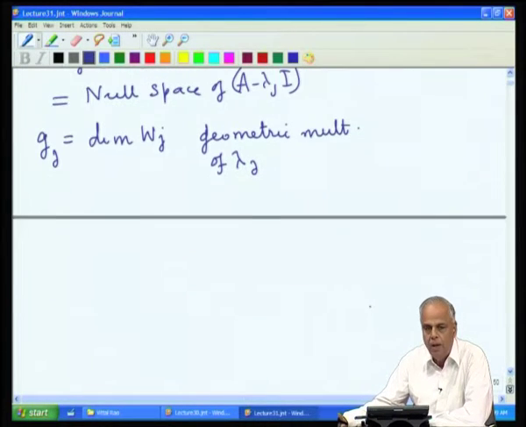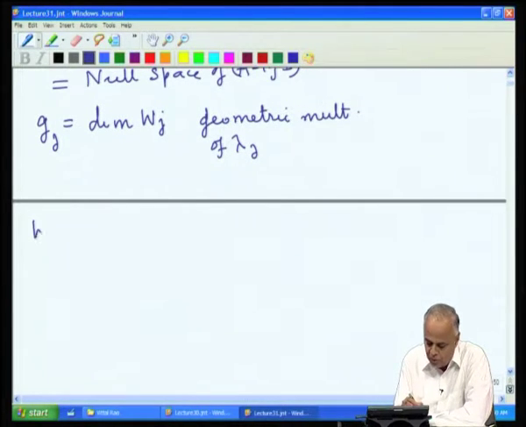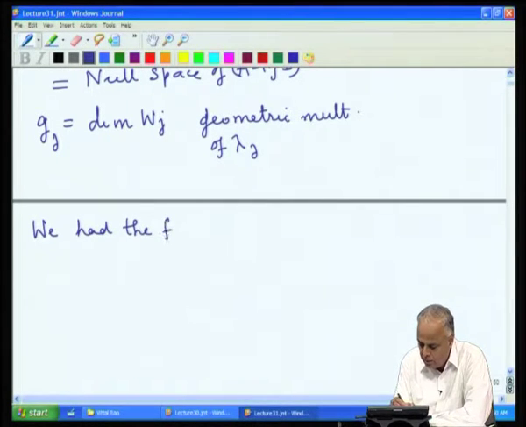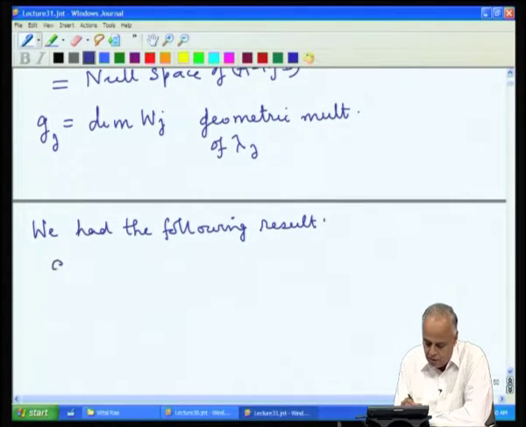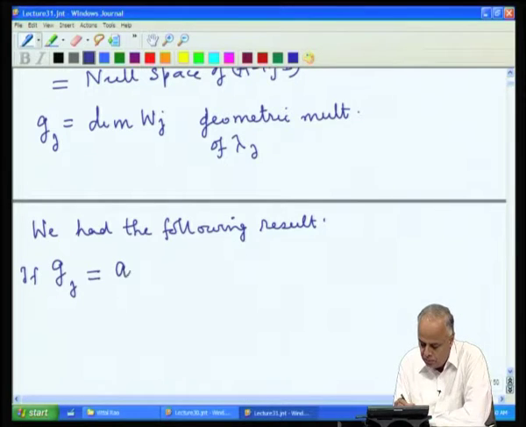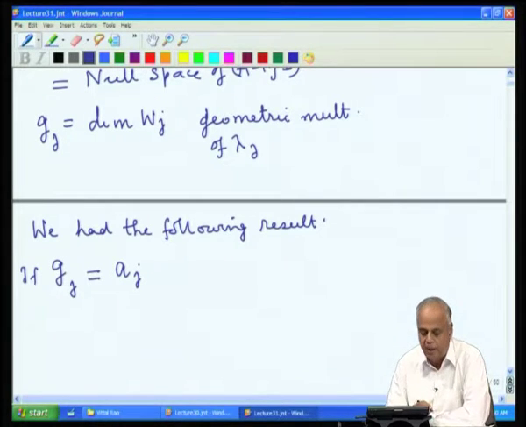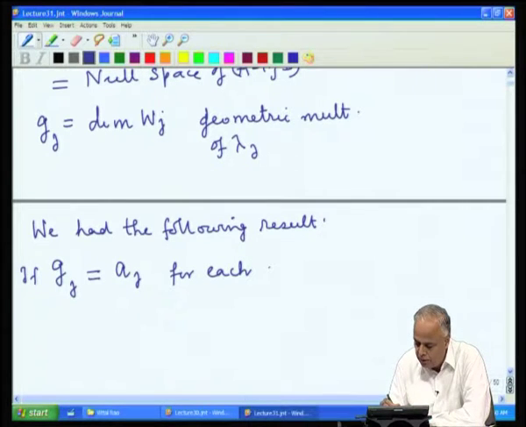What we observed in the last lecture was the following result: if the geometric multiplicity of an eigenvalue is equal to its algebraic multiplicity, and this happens for each eigenvalue lambda j.